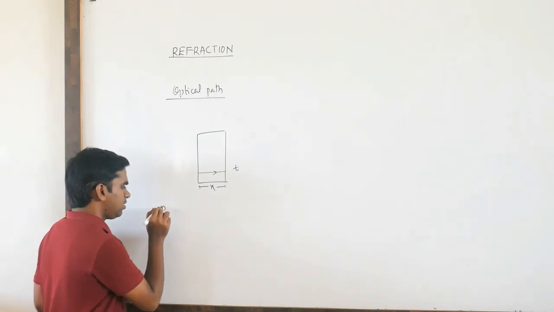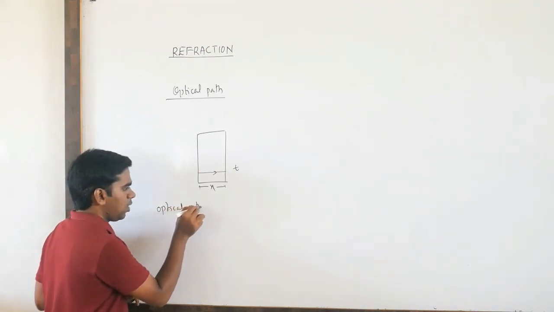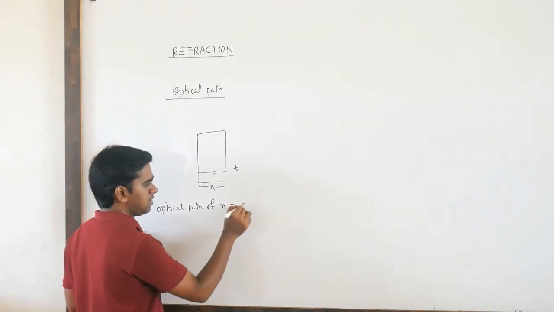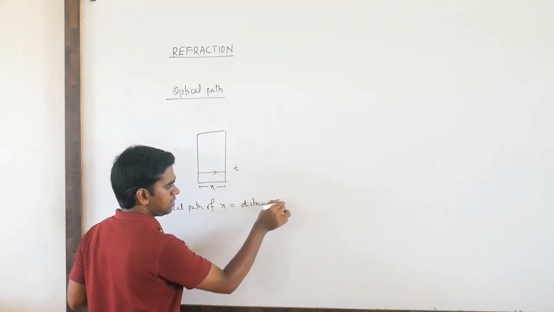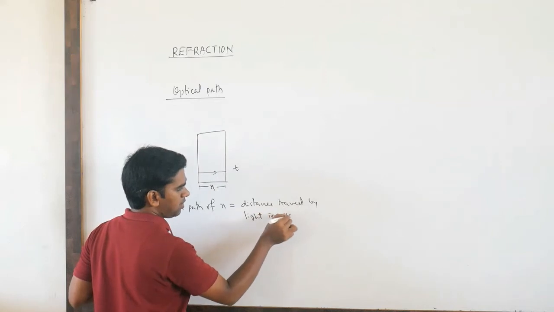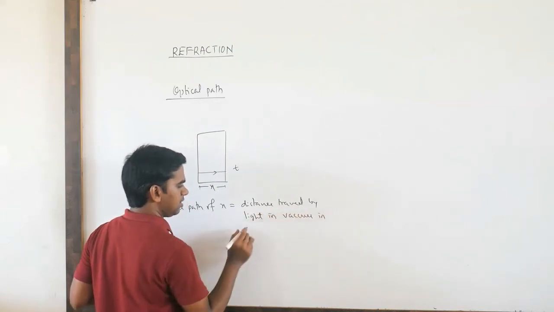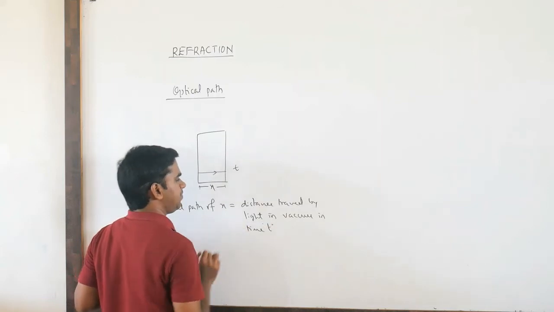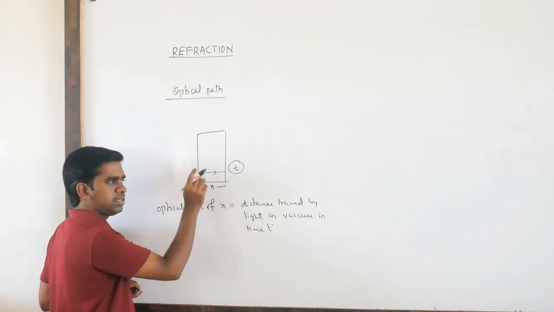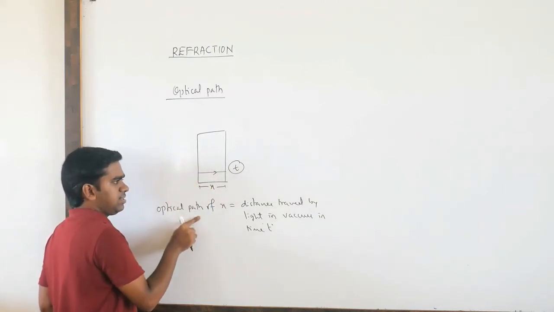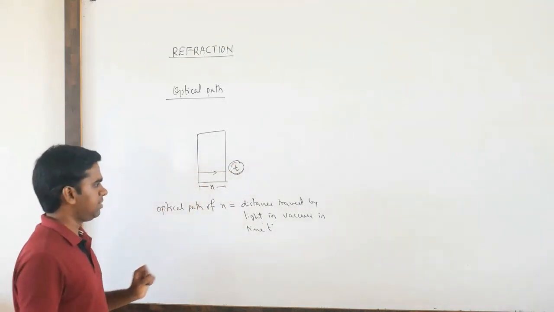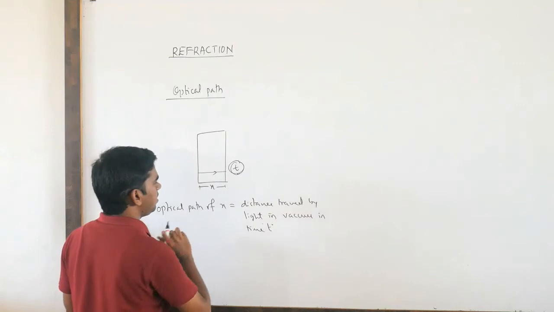So the optical path of x is the distance traveled by light in vacuum in time t. Means if light takes a time t to travel x distance in the medium, its optical path is the distance traveled in the vacuum in the same time t. So this is what we call optical path.